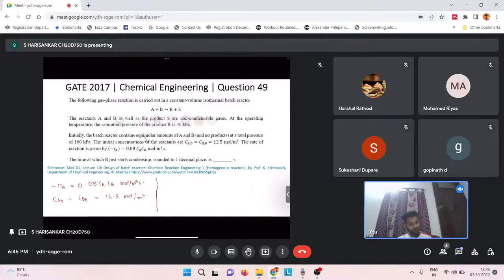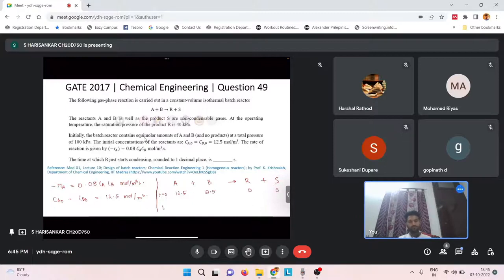Okay, so let us write down the reaction here. So we have A plus B gives R plus S. So at t is equal to 0, we'll have 12.5 moles of A, 12.5 moles of B, and the reaction hasn't started happening yet. So the product will be 0.